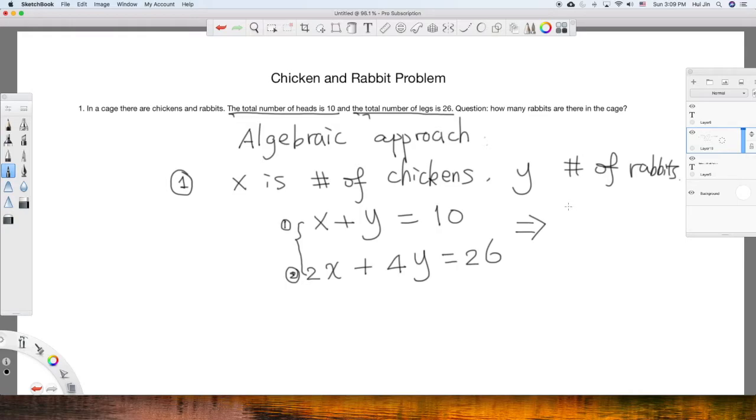But basically, what you do is eliminate 1 variable by multiplying the first equation by 2. So 2x plus 2y equals 20. And the second equation you keep the same, 2x plus 4y equals 26. Then you take the second equation minus the first equation, which becomes 2y equals 6, so y equals 3.